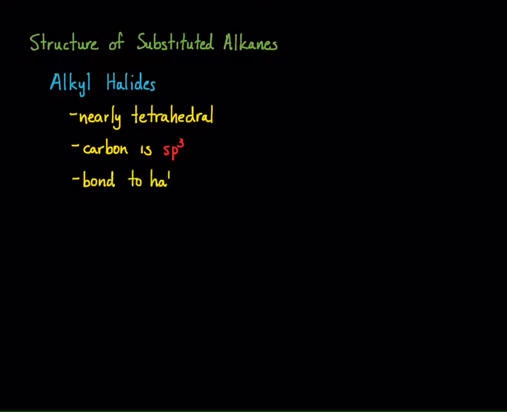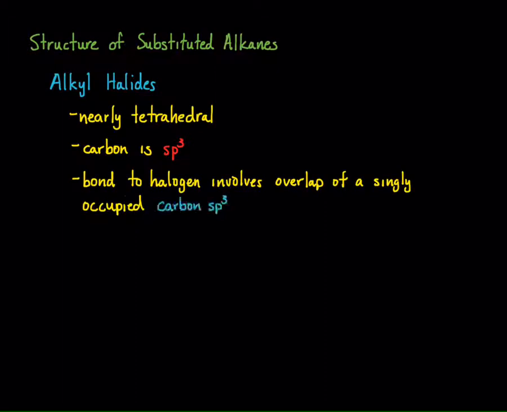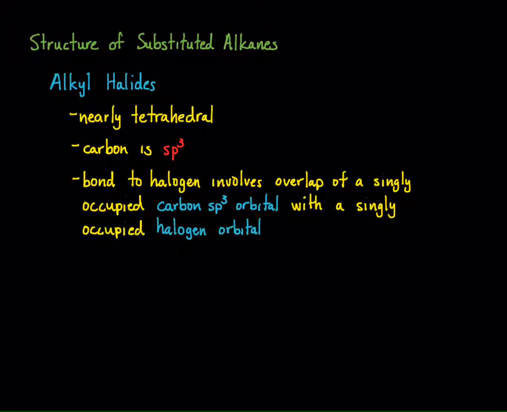And if you think about the bond between the carbon and the halogen, it involves the overlap of a singly occupied carbon sp3 orbital with a singly occupied halogen orbital. You can think of that halogen as being sp3 hybridized, or you can think of it as not being hybridized whatsoever. It doesn't really matter.